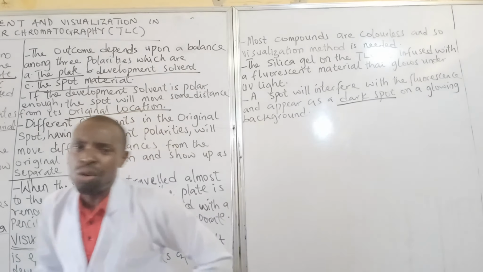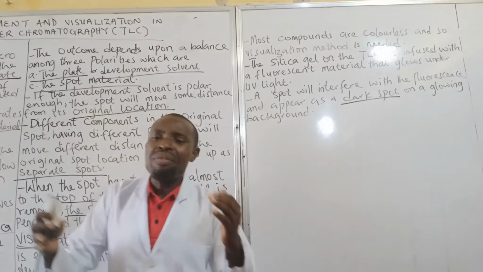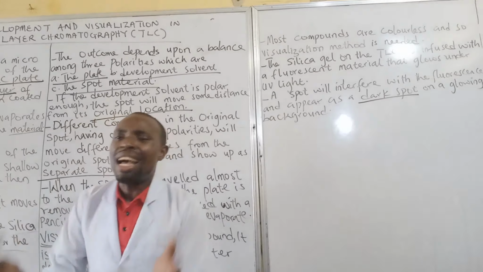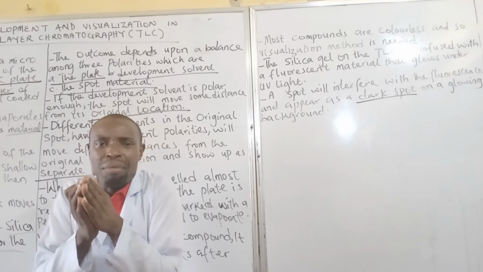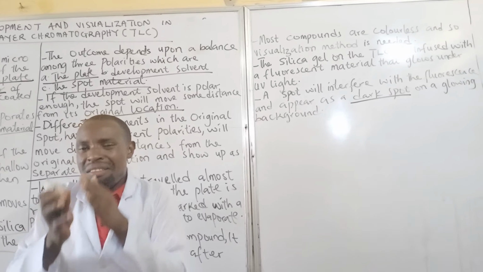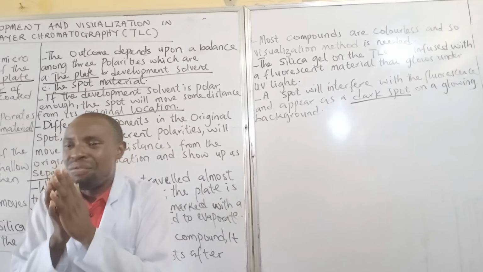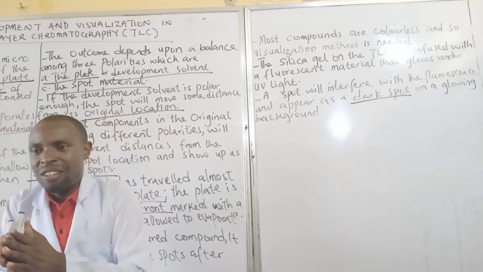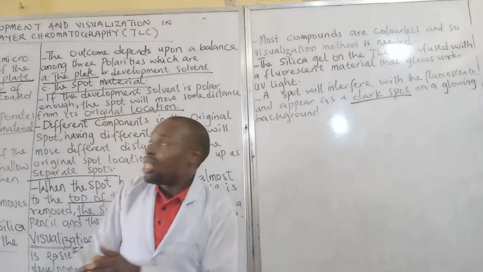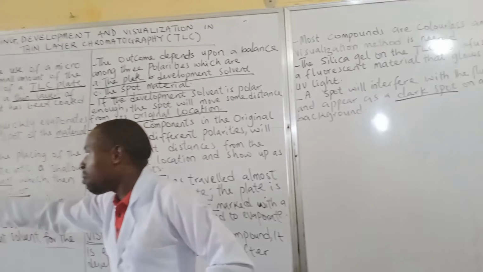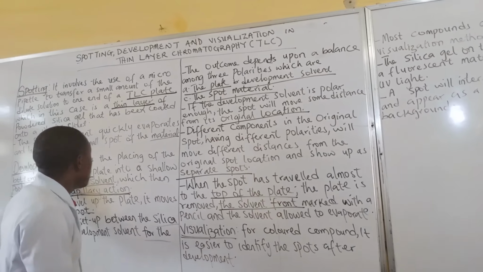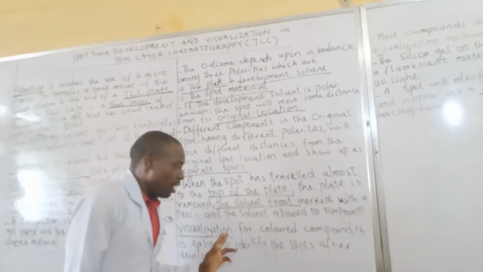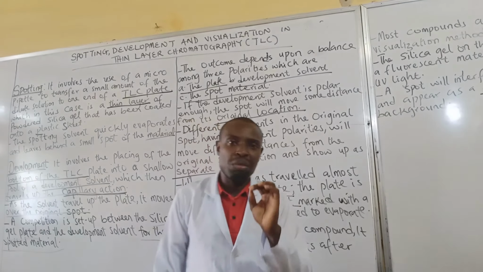Now, with this video, one can understand that this process or procedure is very, very easy. Starting from the first step, spotting, the second step, development, and lastly, the visualization step.